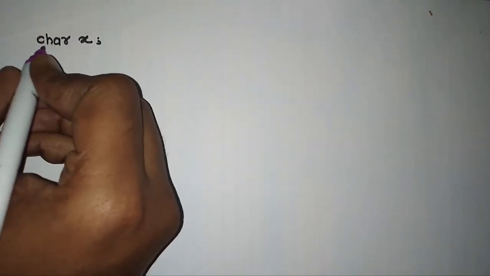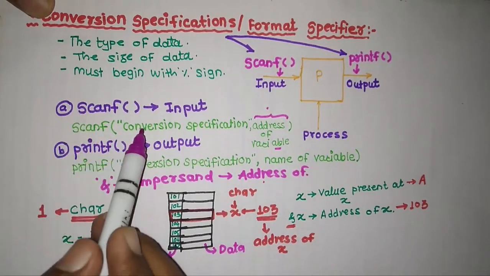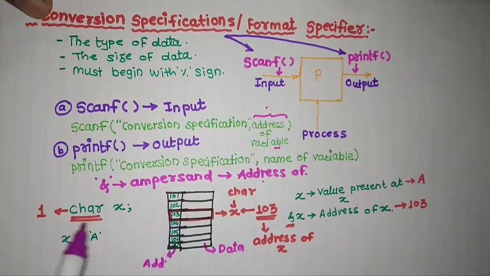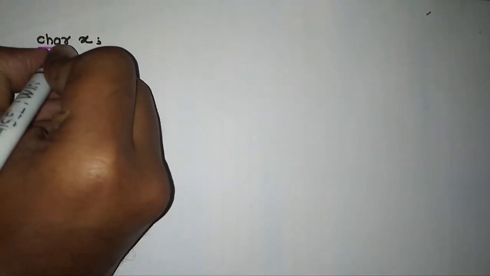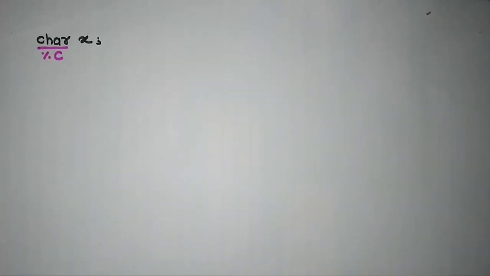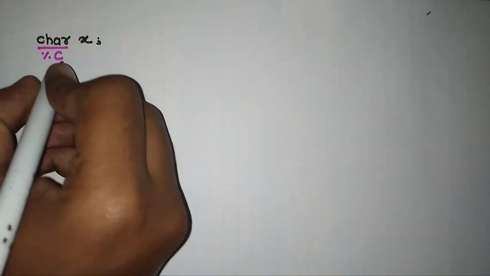As per the syntax declared here, scanf takes a conversion specification and the address of a variable. For the character data type, we make use of %c as the conversion specifier.